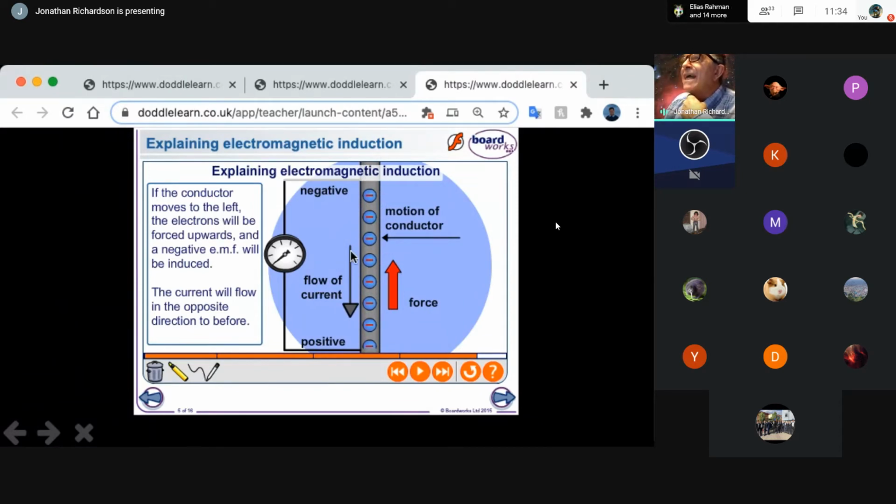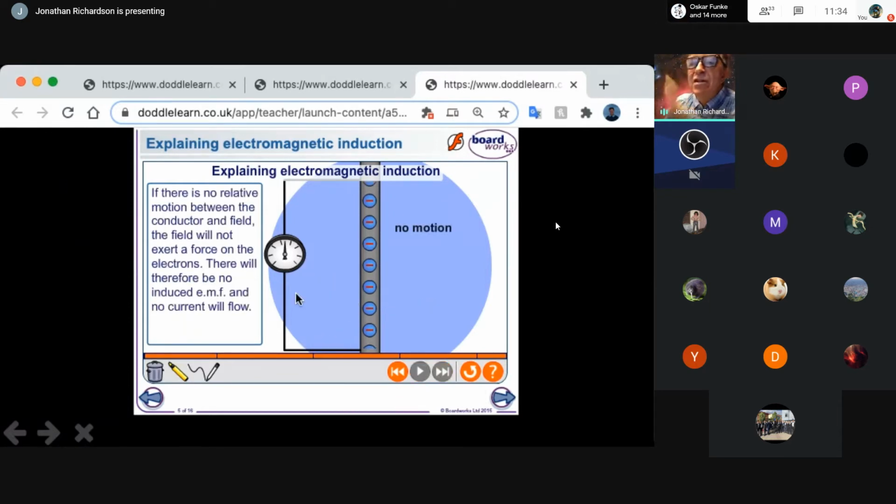So we get this flow of current now. Remember the difference between conventional and electron flow. Electrons go internally, conventional flow goes from positive to negative. So we have a conventional flow around this circuit.